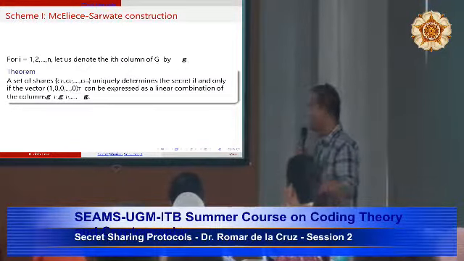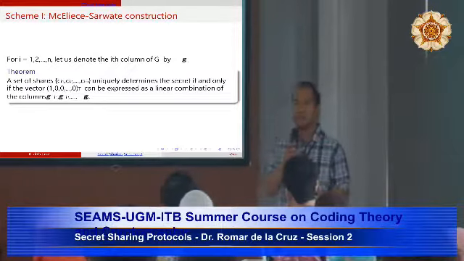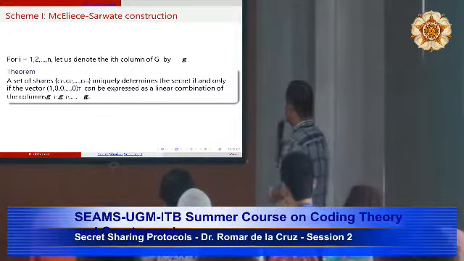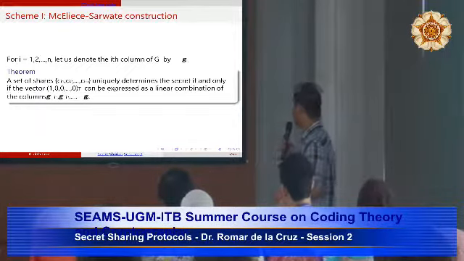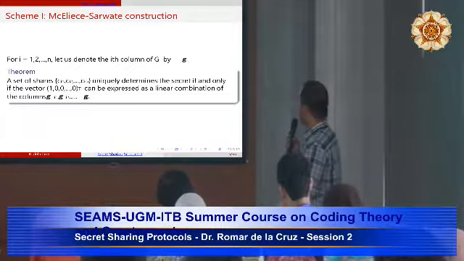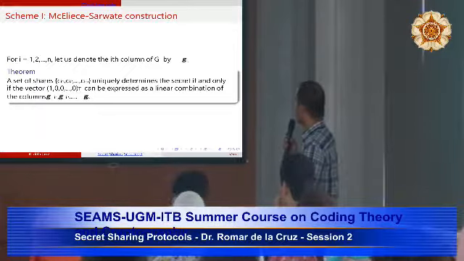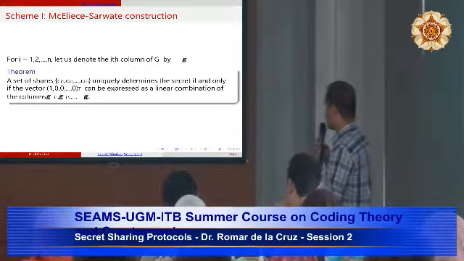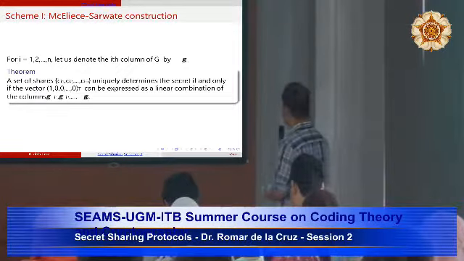To describe the access structure, the sets that are authorized to recover the secret, we have the following theorem. Let us denote the ith column of the generator matrix by G_i. So we can characterize the access structure as follows.